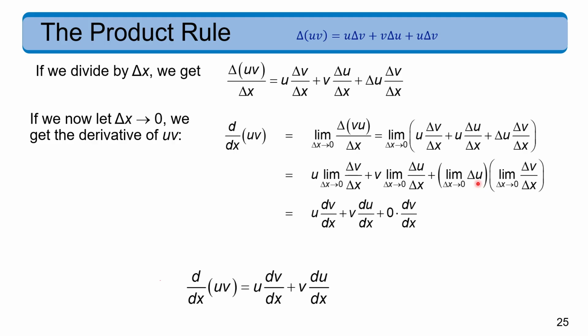But we've also used some other limit laws. For example, here, the limit of this product, technically it would be limit of u times the limit of this other term. But the limit of u, remember it's really u of x.